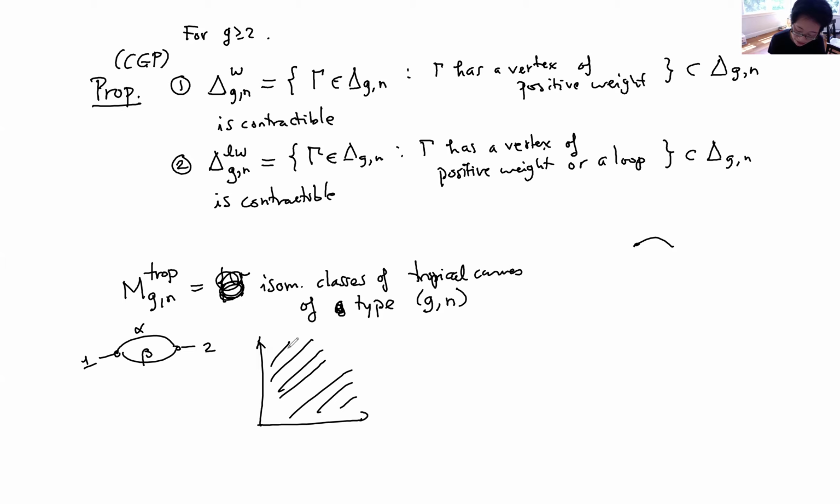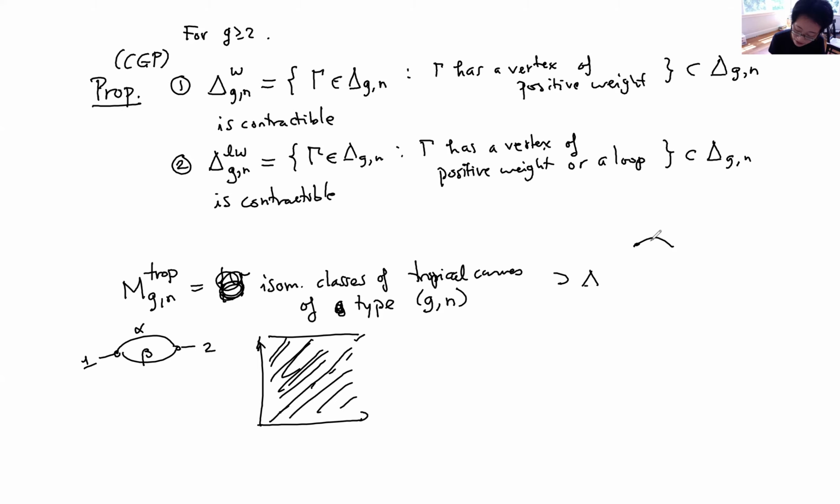In Margarita's talk, you would see that you obtain actually half a cone because of the automorphism that switches alpha and beta. But whatever, it's still a cone. And this whole space is built out of cones. So this space, MGN trop, as a topological space, is contractible because it's made of cones. You just shrink everything down to a vertex.